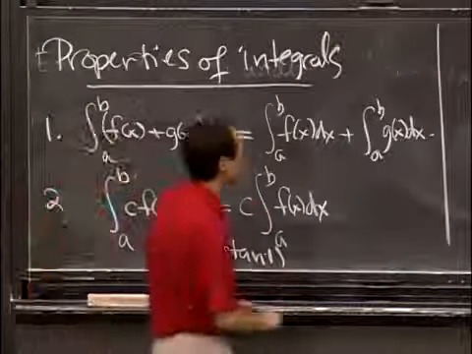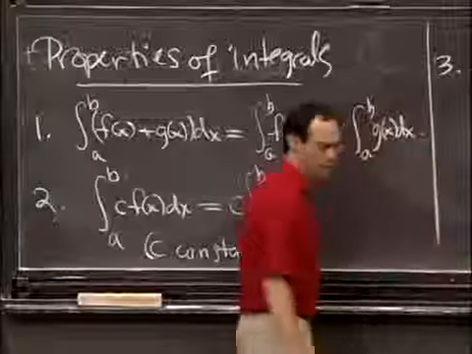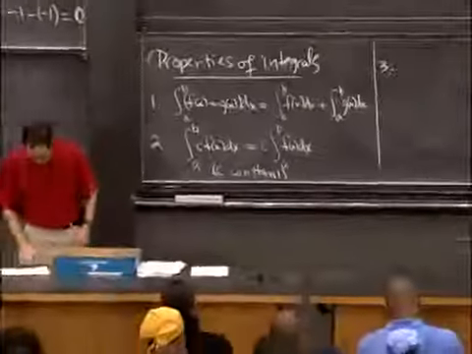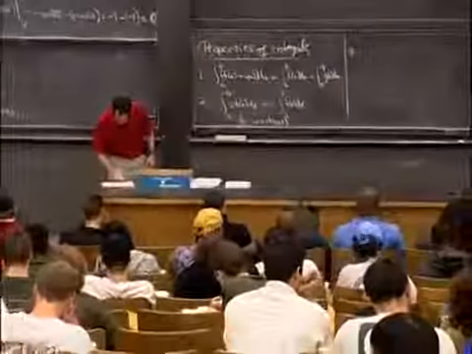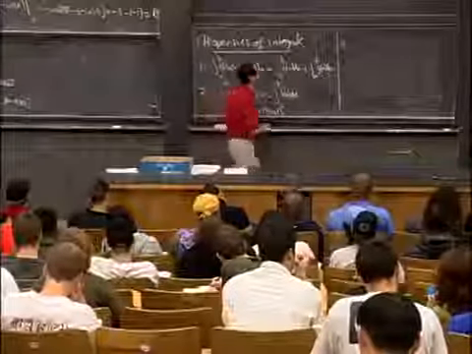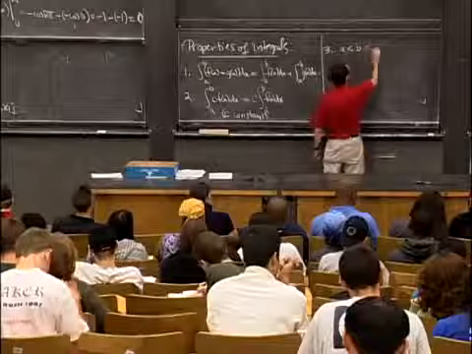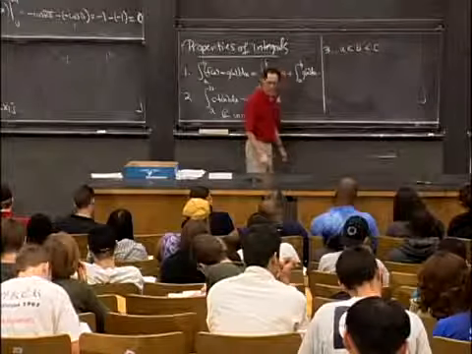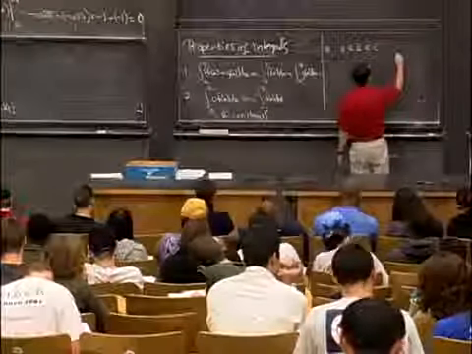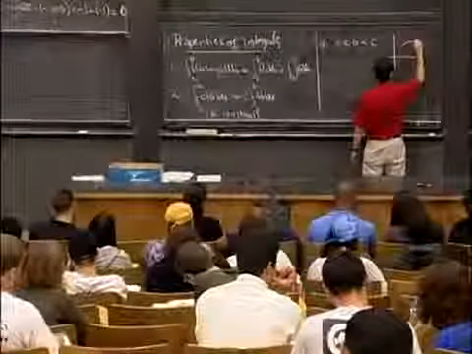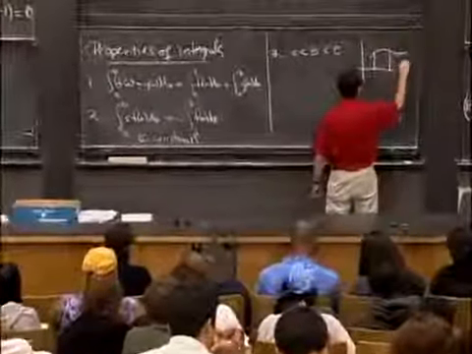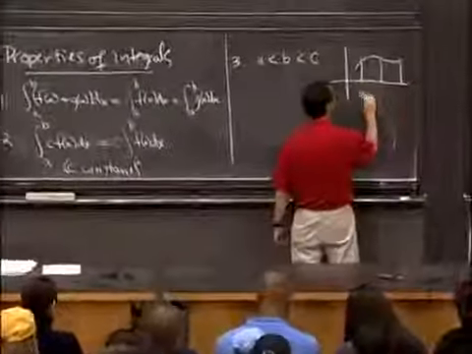The third property, well, what do I want to call the third property here? I have a sort of a preliminary property, yes, here, which is the following, and I'll draw a picture of it. Suppose you have 3 points along the line, so then I'm going to draw a picture of that, and I'm going to use the interpretation above the curve, even though that's not the whole thing.